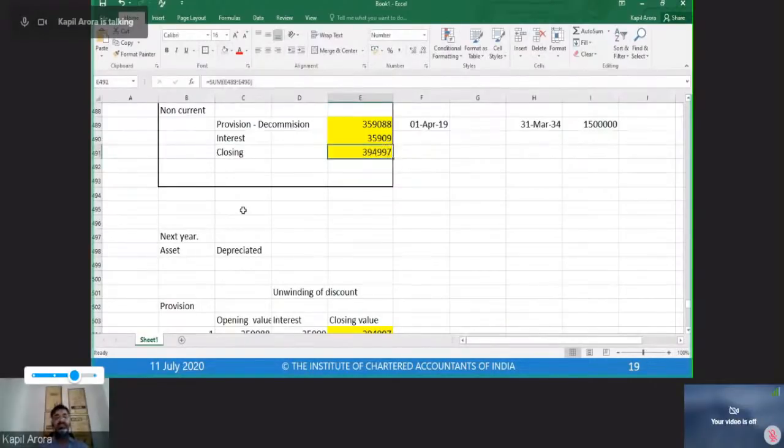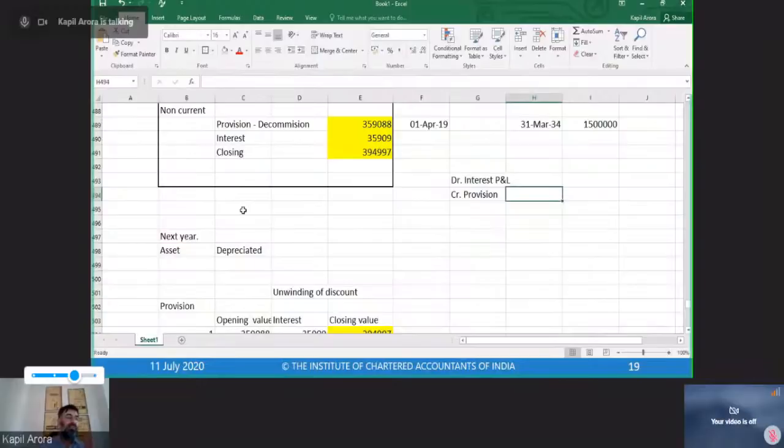So it means debit interest in P&L, credit the provision which we have created. So it will keep on increasing the provision, and it will go up to 15 lakh rupees at the end of period.